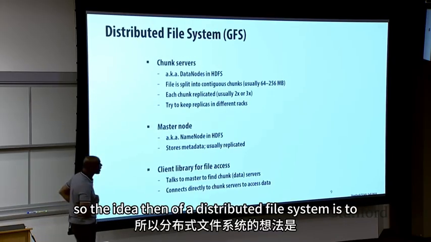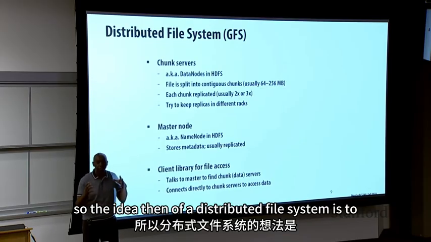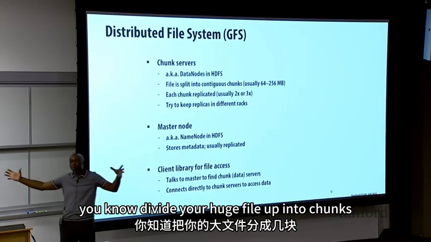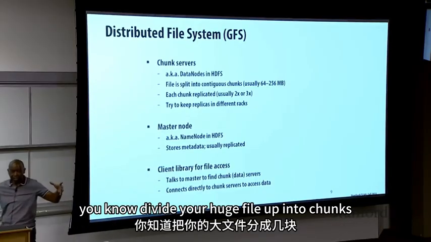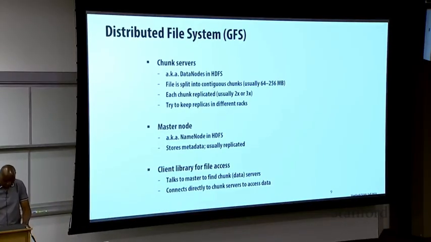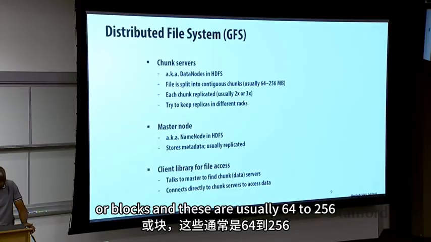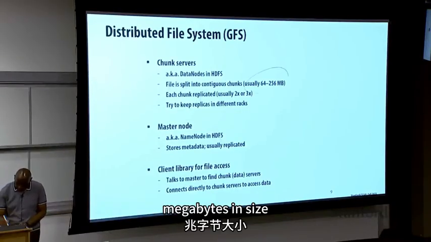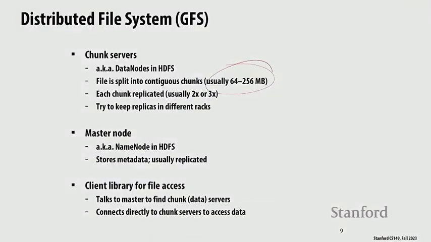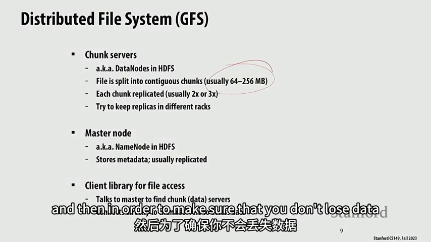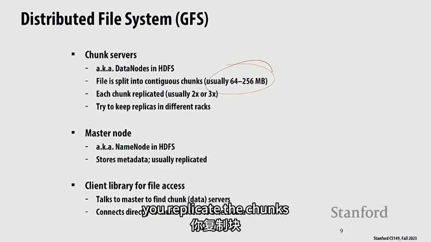Okay, so the idea then of a distributed file system is to divide your huge file up into chunks or blocks, and these are usually 64 to 256 megabytes in size. And then, in order to make sure that you don't lose data, you replicate the chunks.